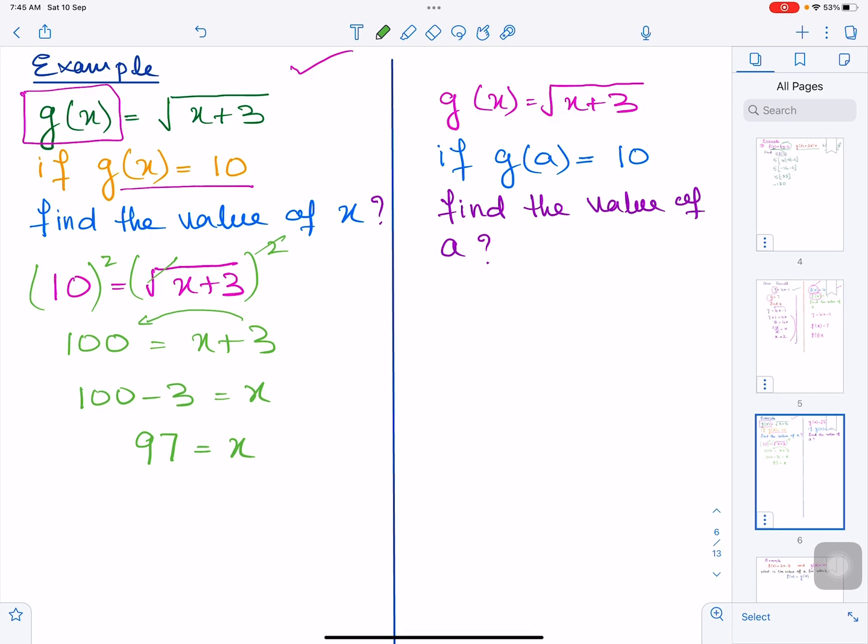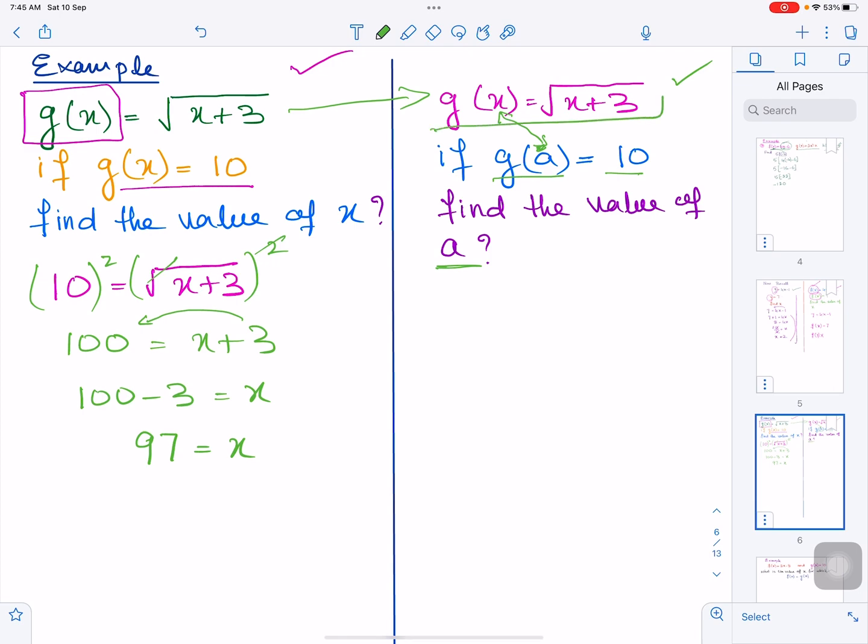Now next, see this one. Just trying to make it a little challenging, I would say. Same function I have taken, you can see it. But what I'm writing here in place of x, I'm writing a. And I'm saying this thing is equal to 10. Find the value of a. Now what does it mean? So first thing, let's do one thing.